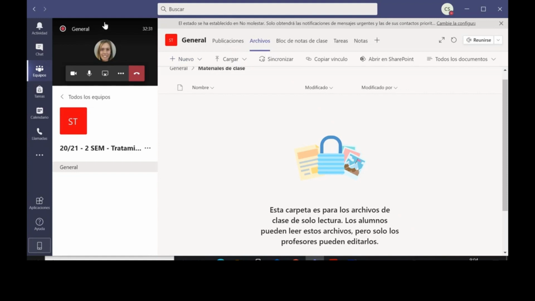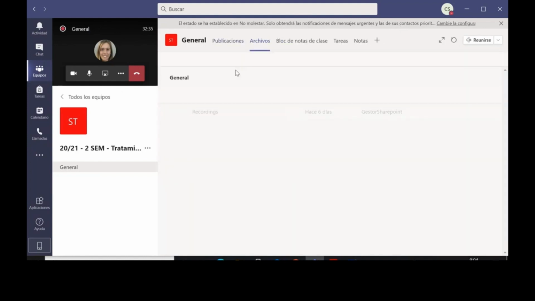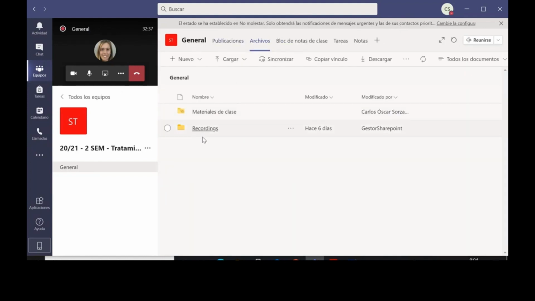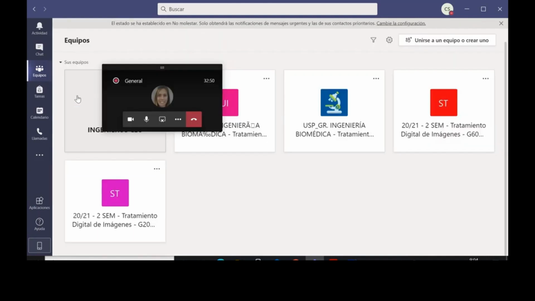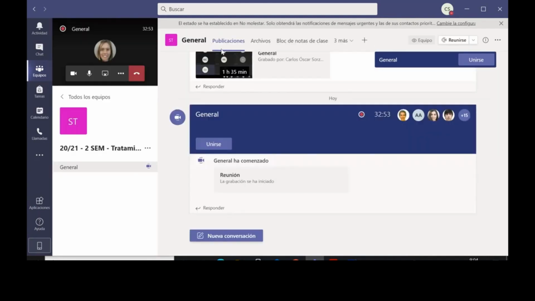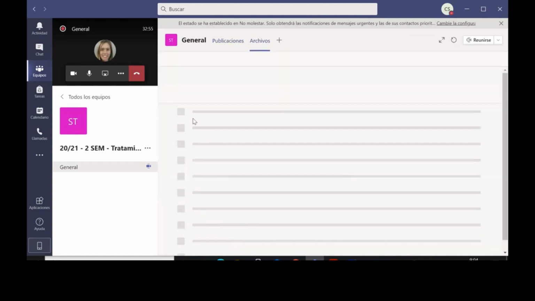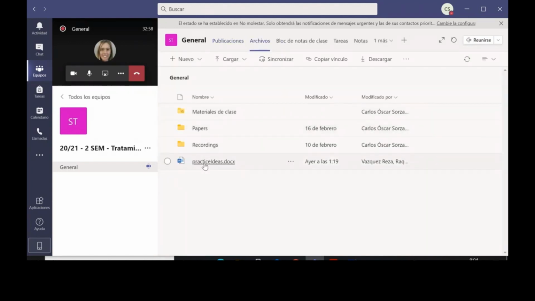Bueno. ¿Qué ha pasado con el otro? No lo habré borrado ninguno, ¿no? Ah, no, que me he cambiado de asignatura. Me he cambiado de asignatura aquí. Ahí.